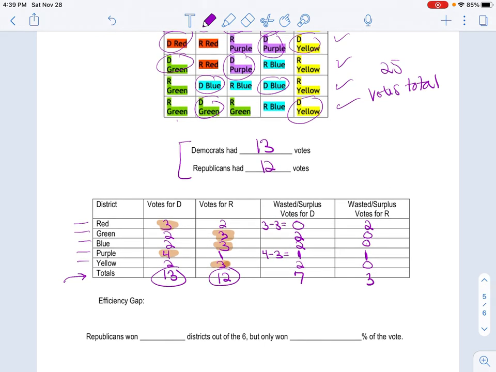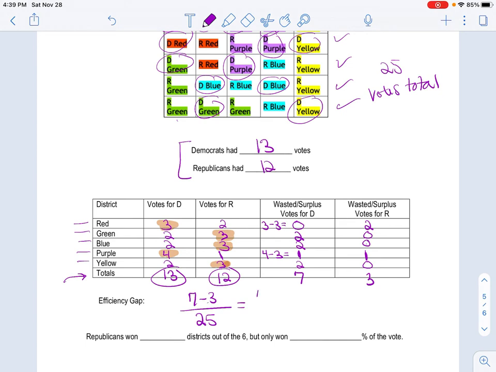So remember with the efficiency gap, I said Party A surplus votes minus Party B surplus votes. It doesn't matter the order. What's nice is to go from large minus the small, because then you'll always get positive. So you do 7 minus 3, and then you divide it by your total number of votes, which is 25.